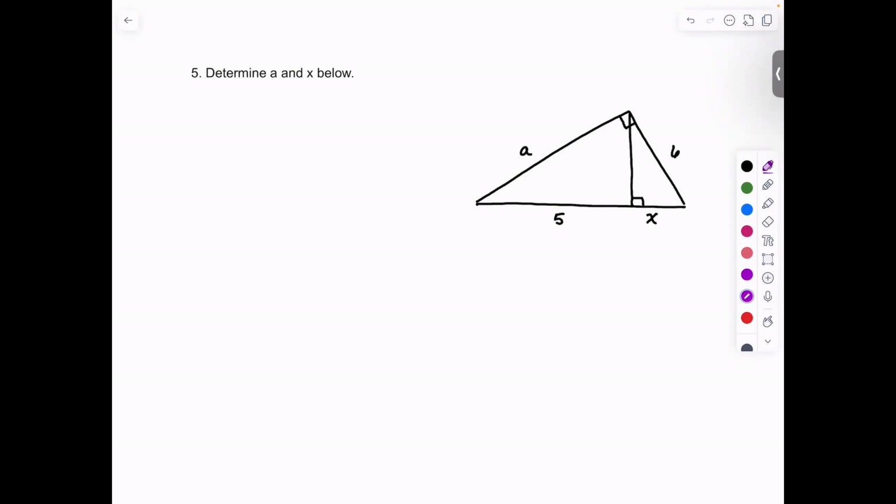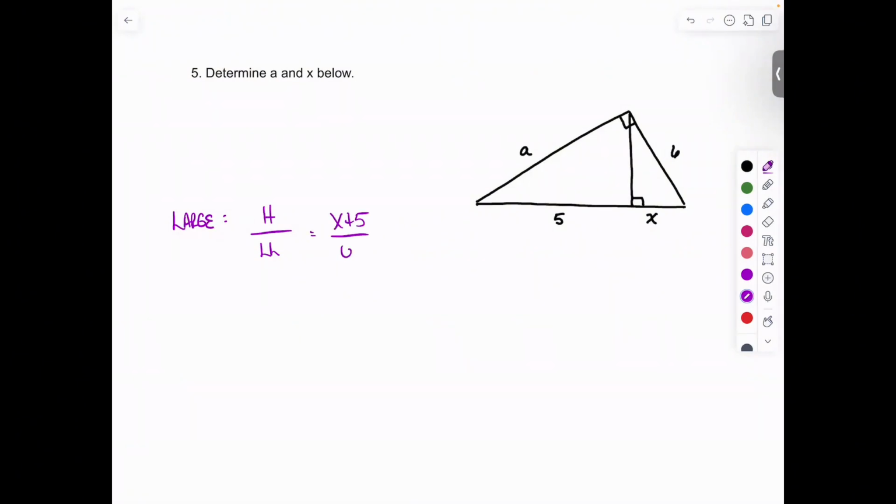So I'll set up the proportion here: hypotenuse over short leg. So we have x plus 5 for the hypotenuse, and then 6.